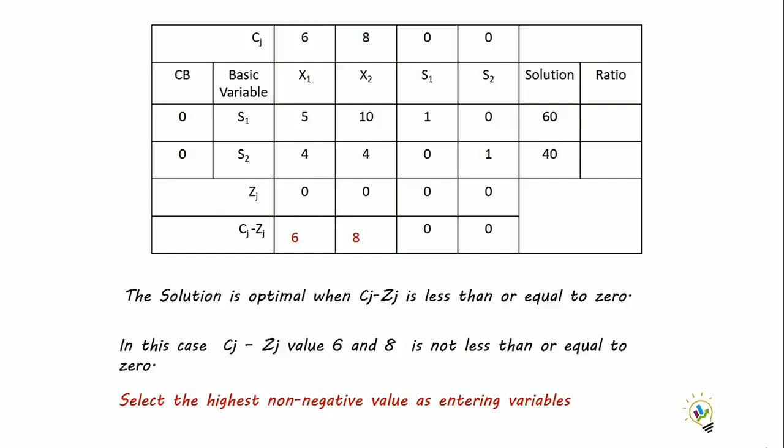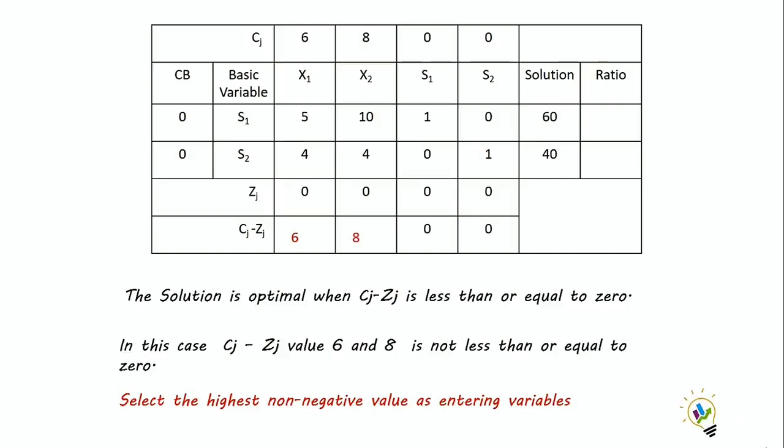Now, since we have confirmed that the solution is not optimal, we need to move with iteration of the simplex problem. For moving to the next table, we need to identify which variable will enter into the solution. To do that, we need to identify the highest non-negative value as entering variable. In this case, 8 is the highest non-negative value.